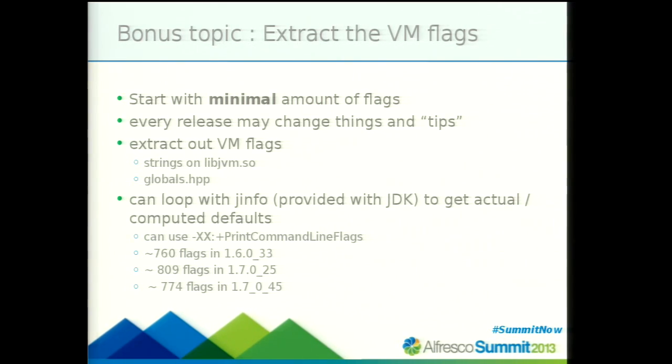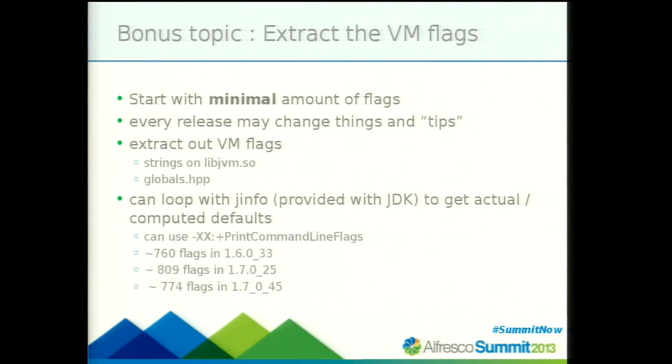And what is interesting is that even if you don't have all the JVM source code for a particular release, you can very easily extract out all the flags and their default values for the JVM that you have. There's a tool provided with the JDK that's called JInfo. And basically, if you extract out all the flags that are provided in the JVM and then loop on it, it will tell you exactly all the default values for all the flags in the JVM.